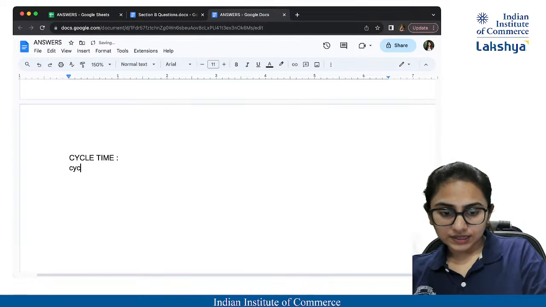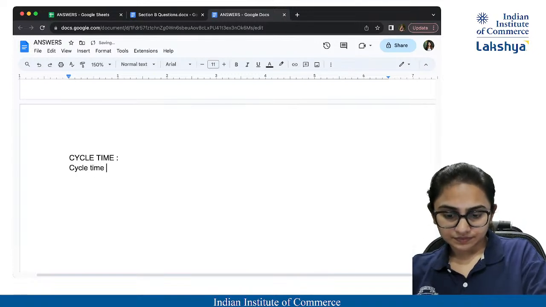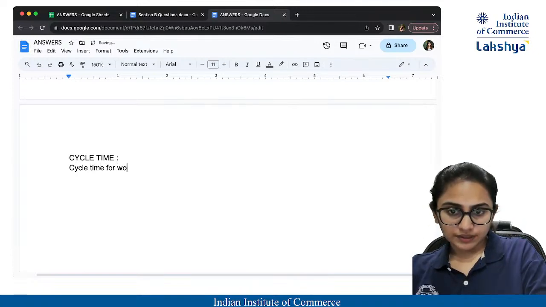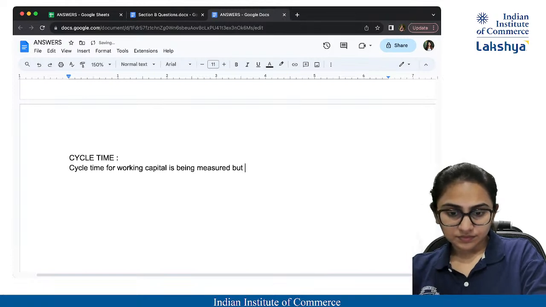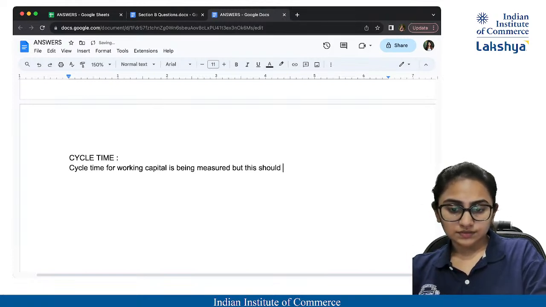So cycle time for working capital is being measured but this should be done for all significant processes inherent.